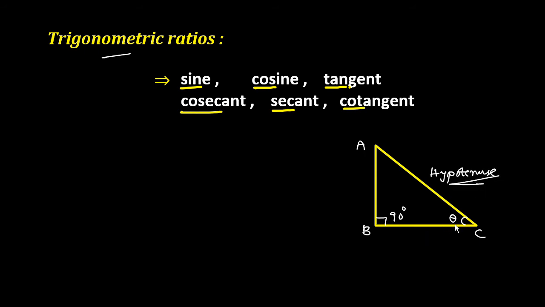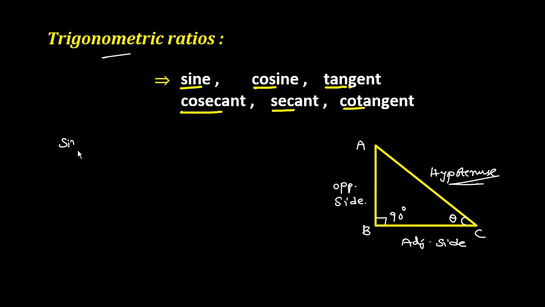The side which is opposite to the theta is called opposite side, and the side which is adjacent or beside to the angle theta is called adjacent side. Now trigonometric ratio is ratio of sides of right triangle. Let us look at one by one.